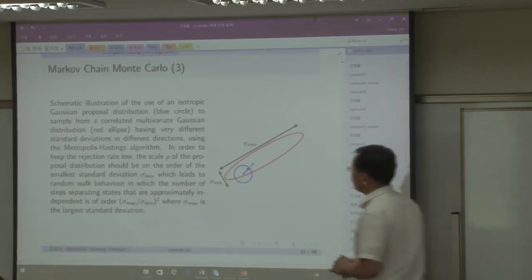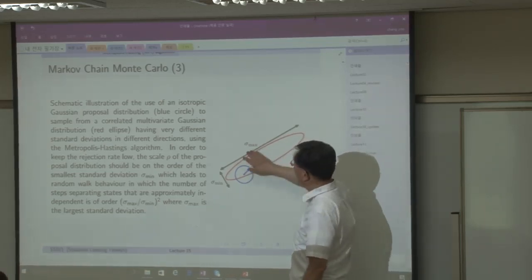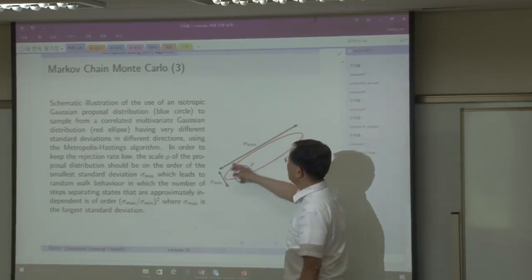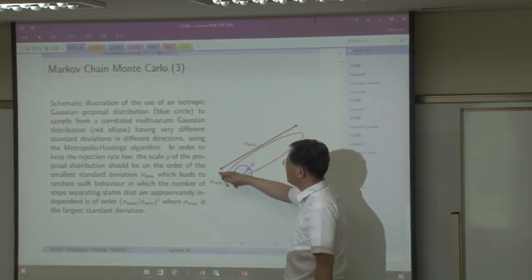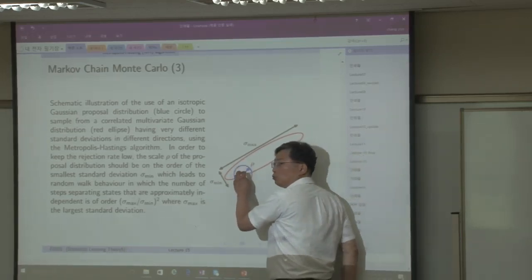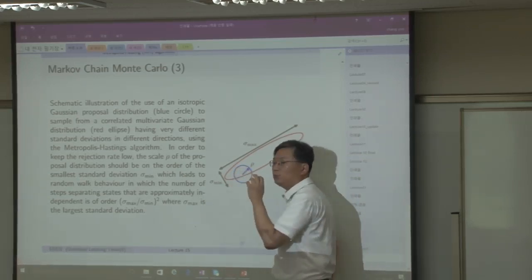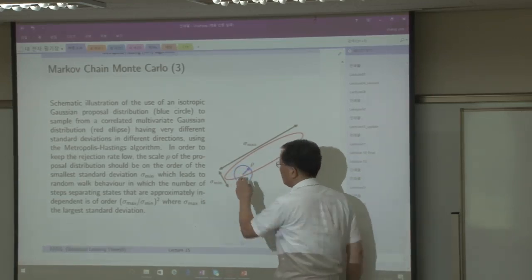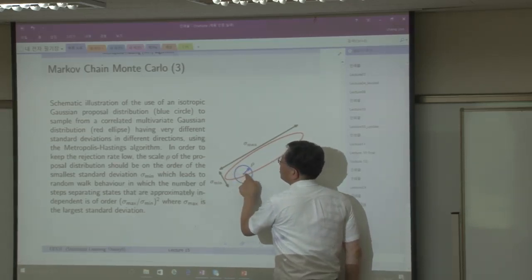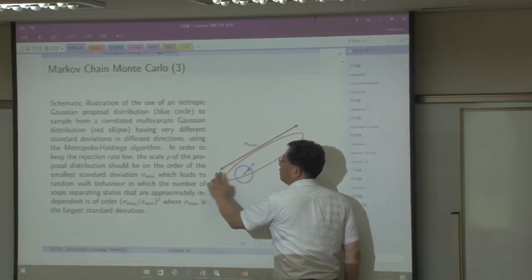If I had a distribution like this red one, the variance across this is sigma max and sigma min in this way, and I have to choose my proposal distribution Q very intelligently, such that the standard deviation is smaller than this.